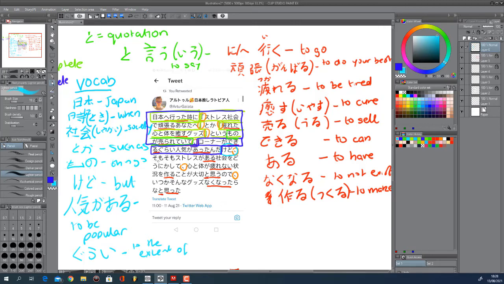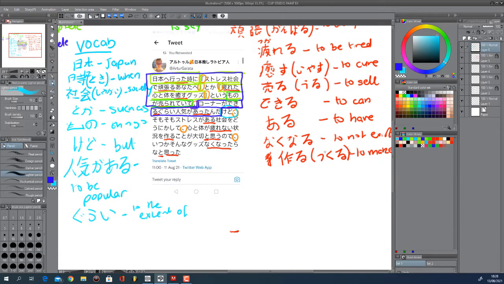So this is going to be our but part of the sentence. Like this is going to switch. So we're talking about initially the fact that they've got all these goods when you go to Japan. They've got all these products that help you and make you feel better. They're so popular. That's all that information. But now we're going on to the next section. そもそも. In the first place, そもそも.